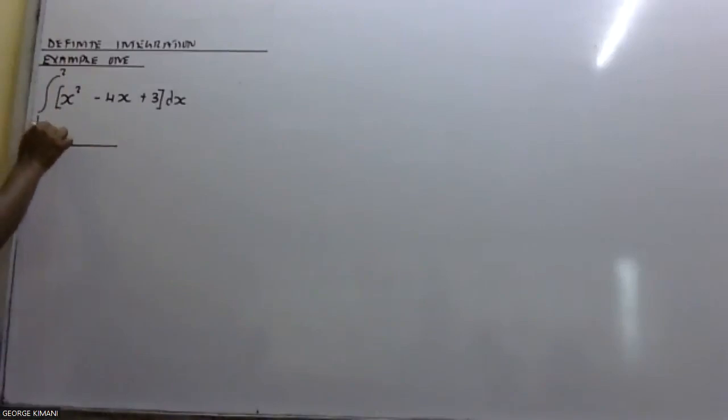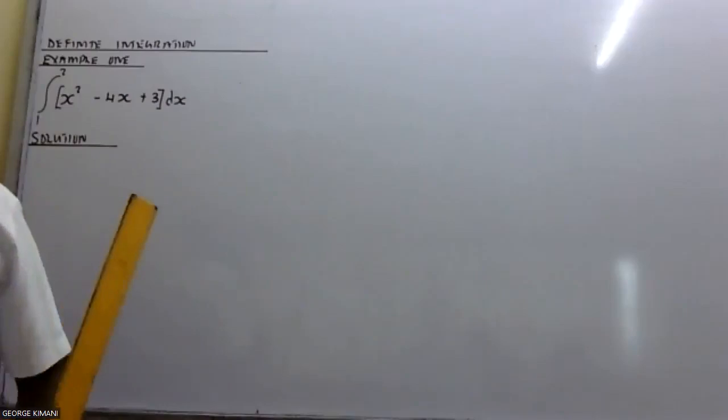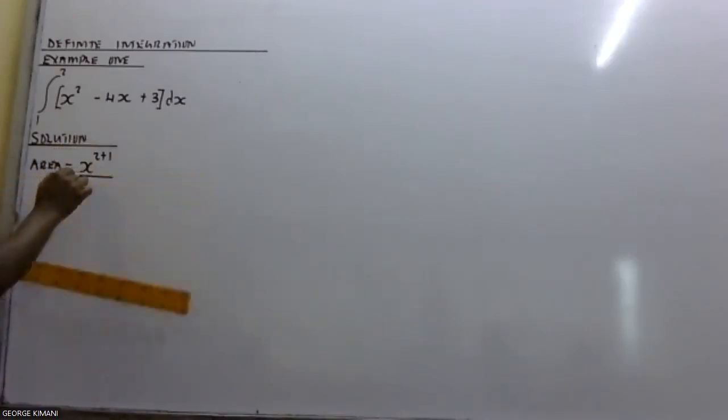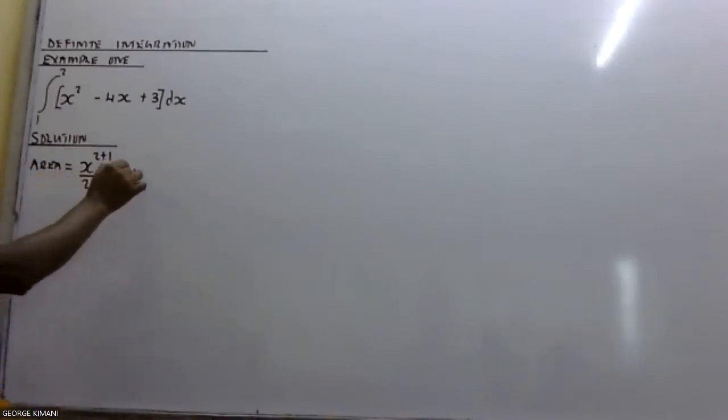The solution to this, we normally say area equals. So you take this and you integrate as usual. So x squared, you add back 1, you divide by 2 plus 1.